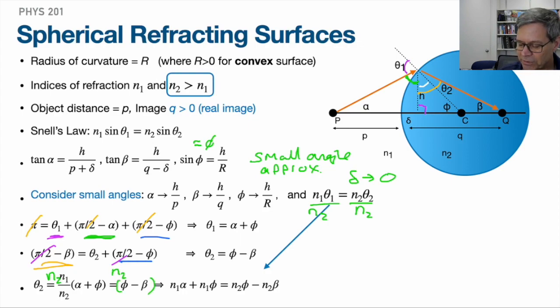That will cancel the n2 on that side. So I have n1 alpha plus n1 phi on the left side, and on the right side I have n2 phi minus n2 beta. Hopefully you see that. Okay, so now we have that expression.